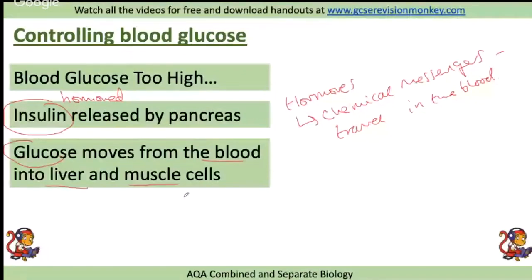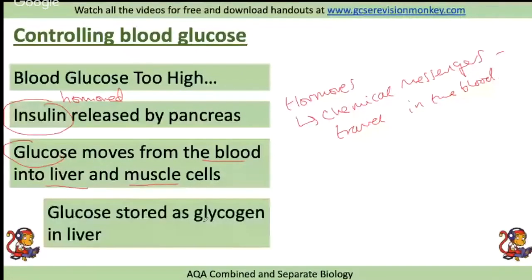So it takes it out of the blood for you, and there it is stored as glycogen, because glucose is soluble, so you can't store anything just as glucose. You have to convert it into a larger molecule like glycogen, which happens in the liver and the muscle cells. So for foundation, that's all you need to know on the blood glucose. For higher tier, I'll go into it in a little bit more detail later on.